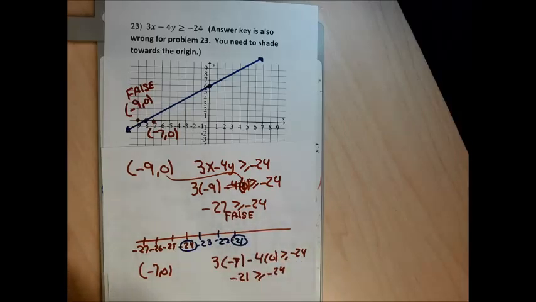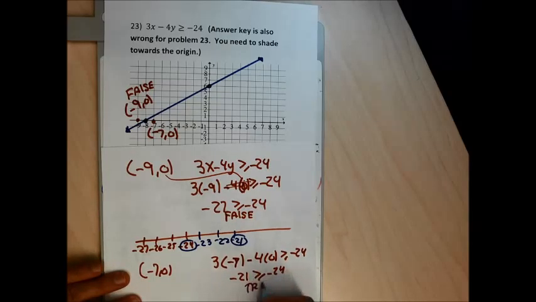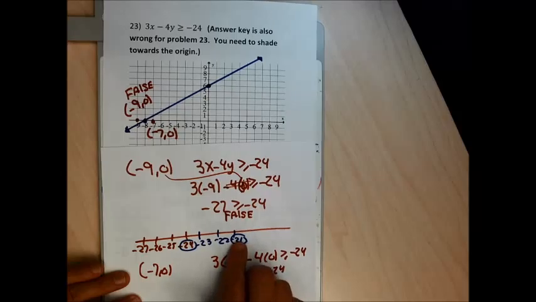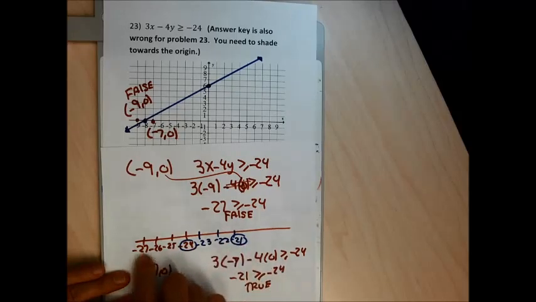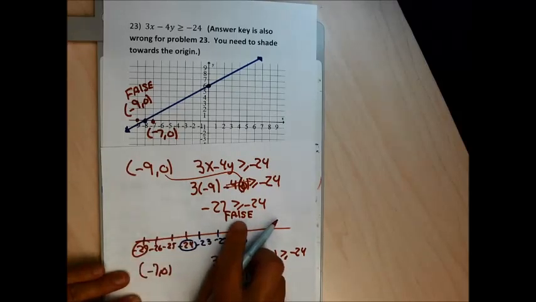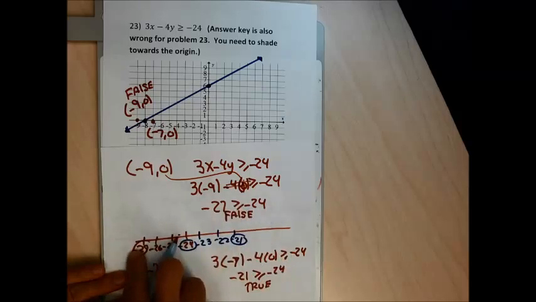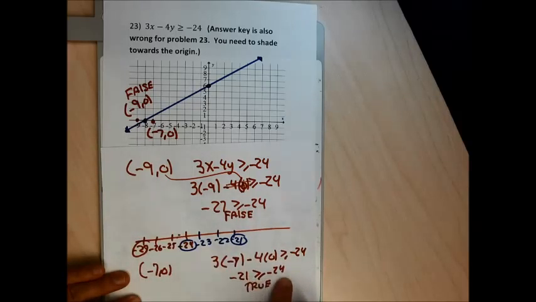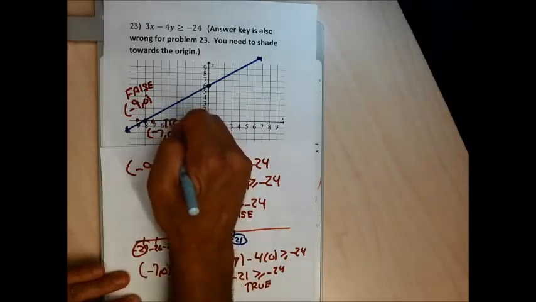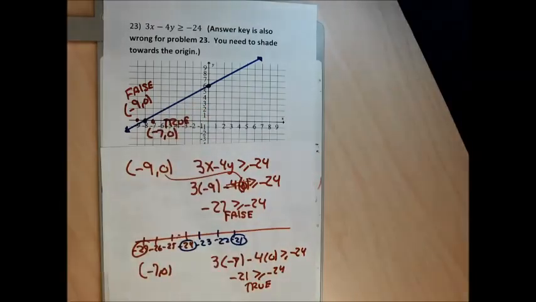And on a number line, to the right is bigger. And this says -21 is bigger than -24 or equal to. Since it's to the right, it's bigger. -27, since it's to the left, is smaller. And I'm saying, is it bigger or not? -27 isn't bigger, it's to the left of it. -21 is bigger, it's to the right of it. So this is the true side for 23.